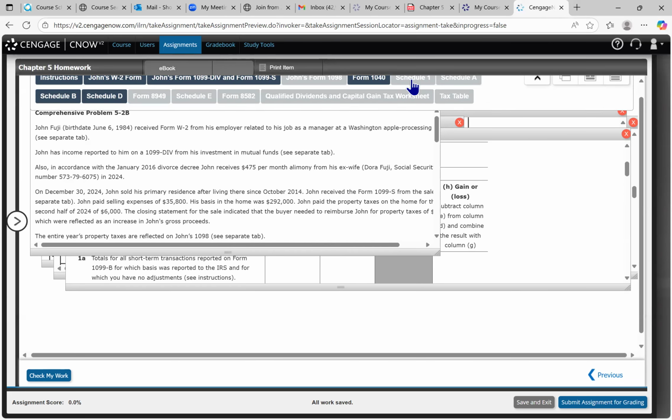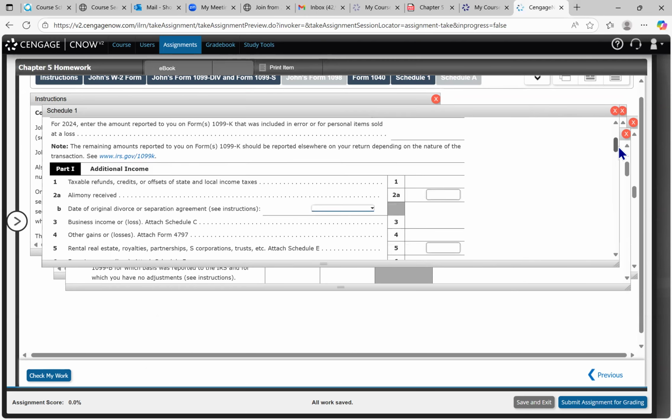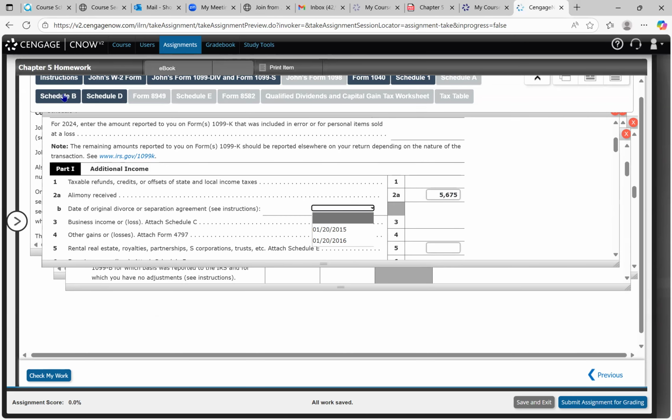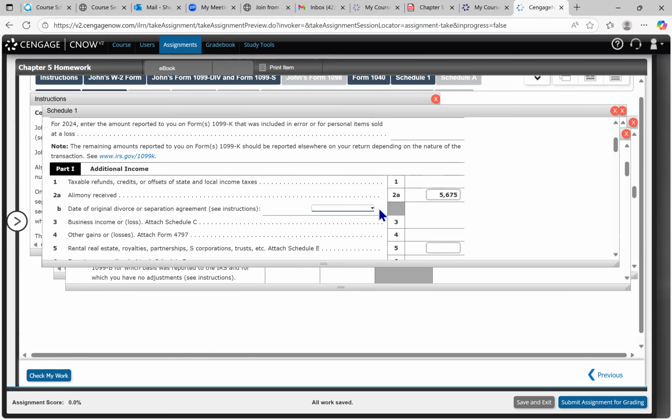And we will go to Schedule 1 and find alimony, 5,675. Hopefully that should be right. Date of original divorce or separation agreement. I'm sorry, I cannot remember what it said. 2016 divorce. Oh, I guess we don't need the alimony, but 16 is where the divorce will be in here. Okay.